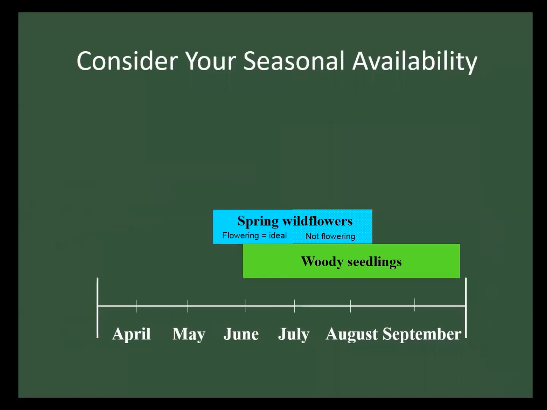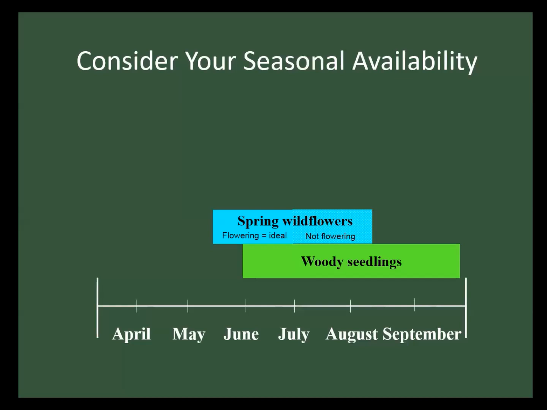So for spring wildflowers, ideally you would be monitoring them when they're blooming. So that would be mid-May to mid-June, before they start losing their natural height and kind of senescing. Or you could continue to do some measurements even though they're not flowering. You may be able to tell whether or not they've flowered.